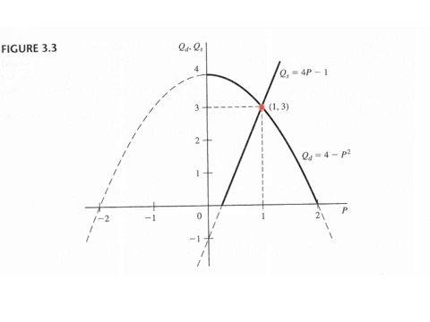Straight away you should have thought, well, price is not going to be negative, and it follows that the equilibrium price is 1. Indeed we can see that the equilibrium price in this market is 1, and we can also calculate the equilibrium quantity, which is equal to 3.